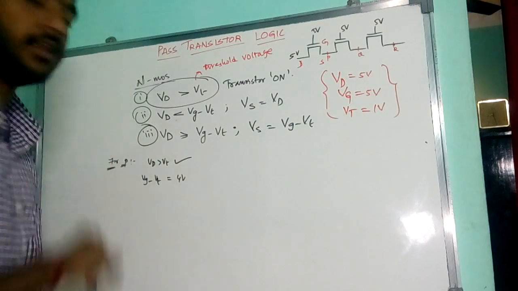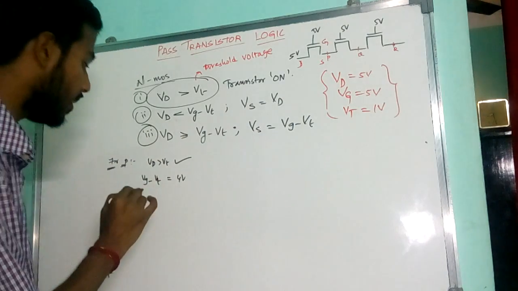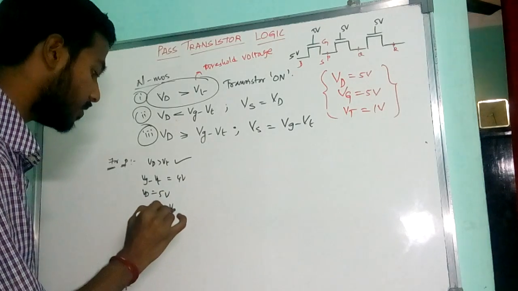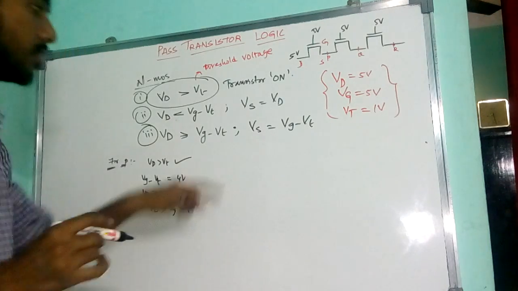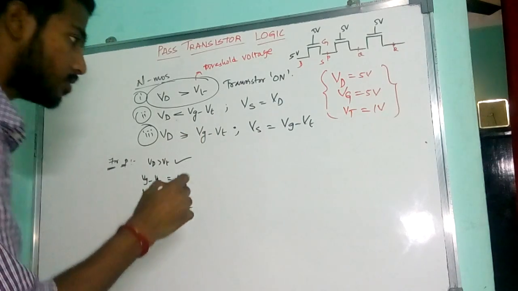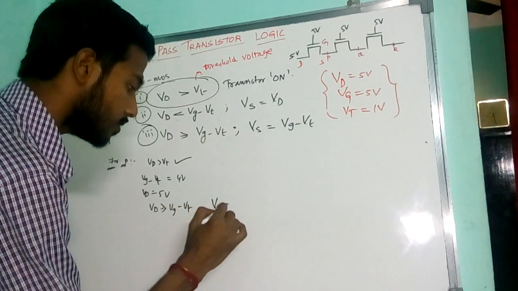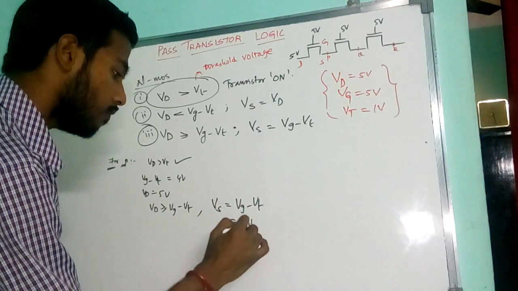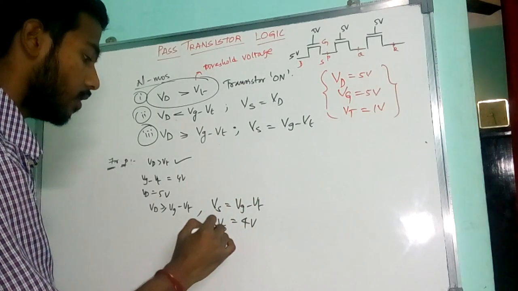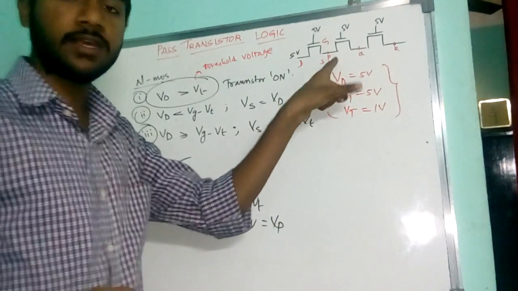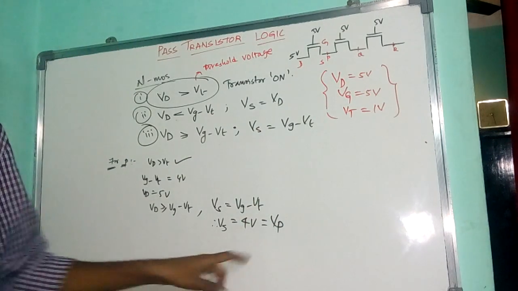It is 4 volt, and my Vd is 5 volt. Vd is greater than Vg minus Vt. That means this is the second condition. So what should be my Vs? It should be Vg minus Vt, that is equal to 4 volt. This is equal to Vp. My voltage at P is 4 volt.